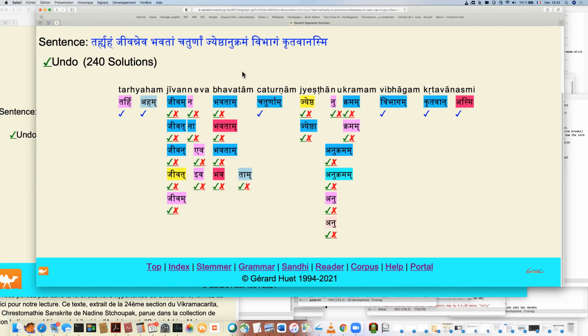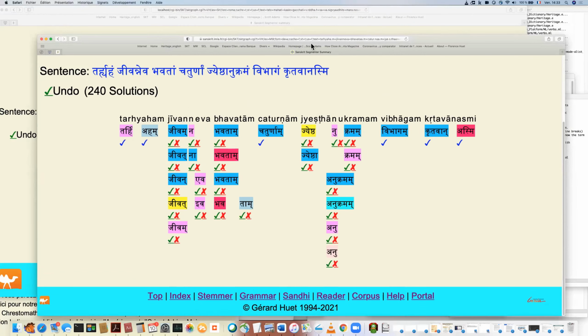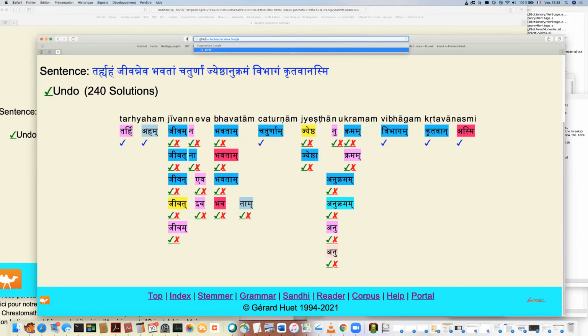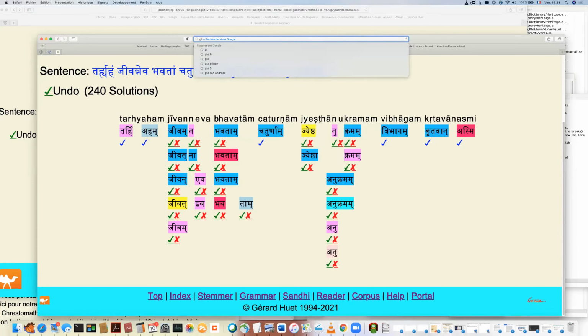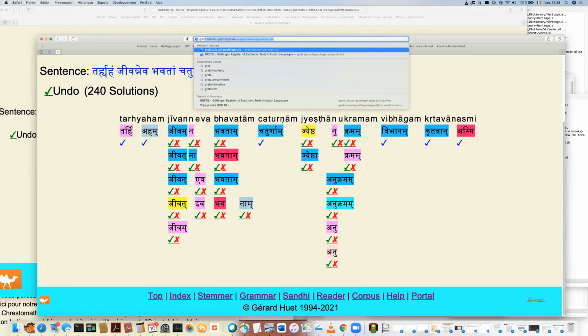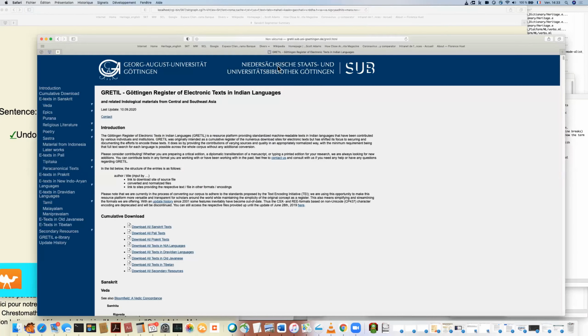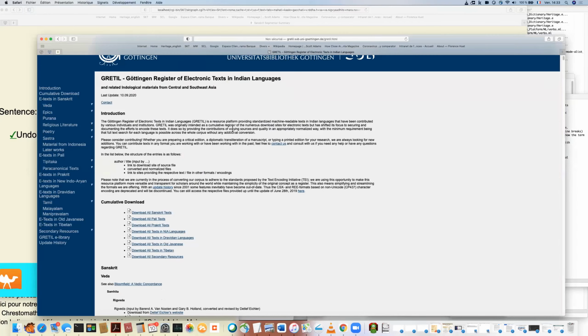You can go, for instance, on Gretel. It's a German site, Göttingen, where you have lots of text.